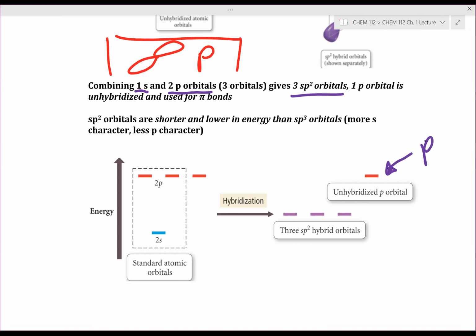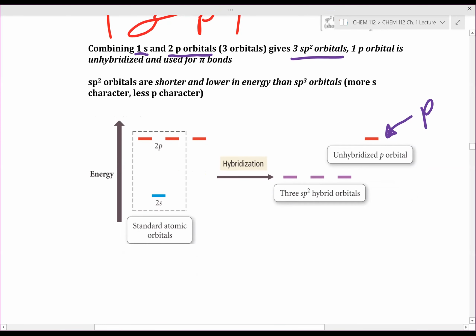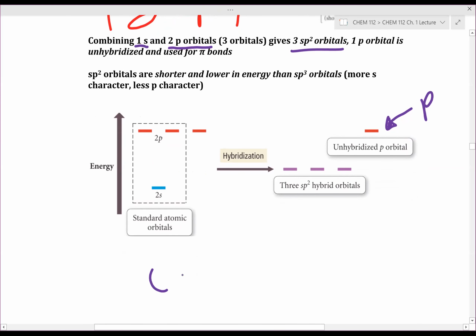Now, because we have less p orbitals mixed together in the sp2 hybridization, what happens to the sp2 orbital energy? Is it going to be higher or lower than an sp3? Lower, because it has less p character and more of this low energy s character. Additionally, drawing a picture, our s orbitals are short and stubby, our p orbitals are long and high in energy.